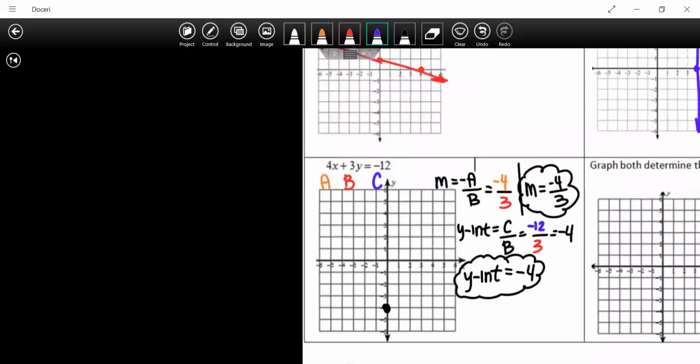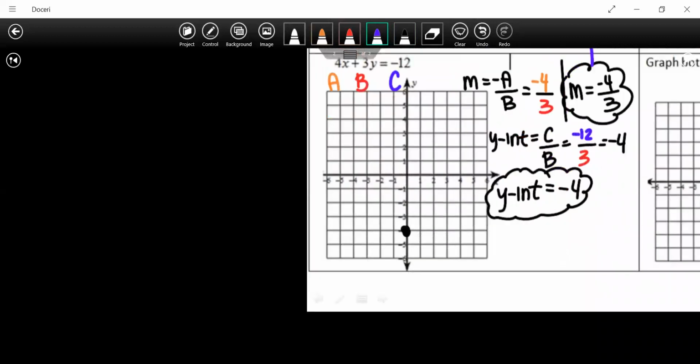Instead of making this negative 4/3, this is our slope, we can change it so it's 4 over negative 3. So you can do it vice versa, as long as you make one of them negative. This second one tells me to go up 4 and then back 3. So I'm going to do that. Up 4 and then back 3. It's the same slope. We're okay.